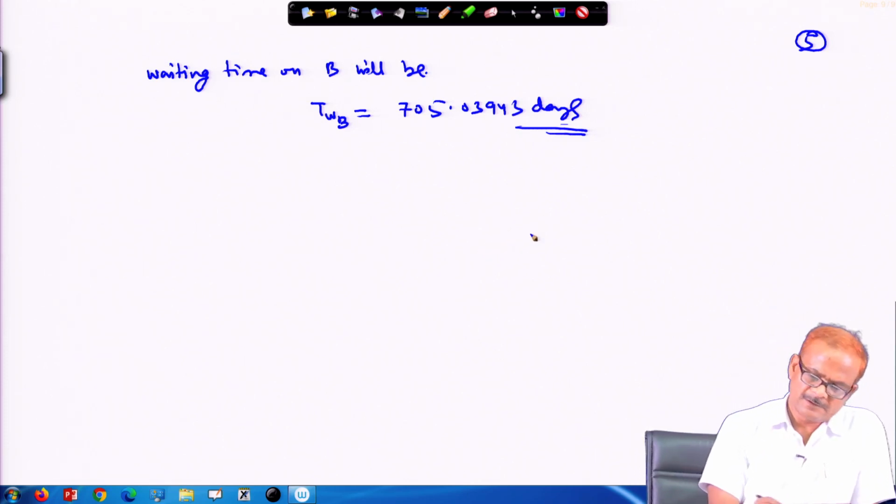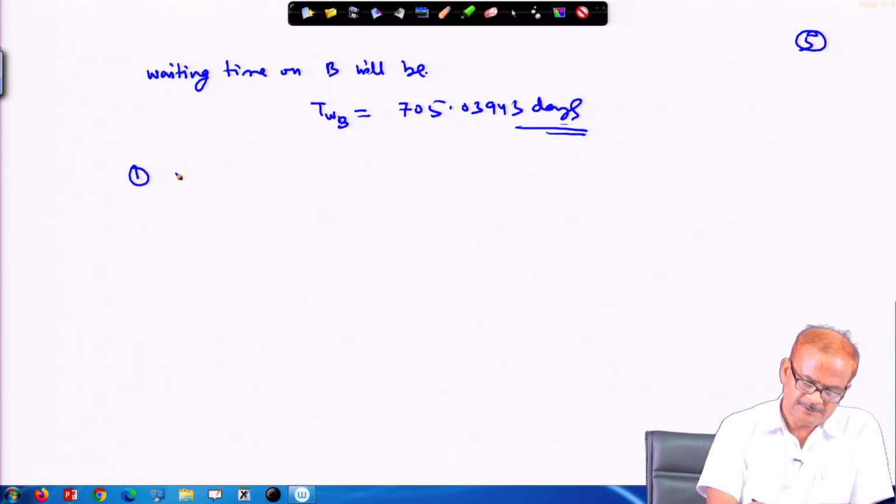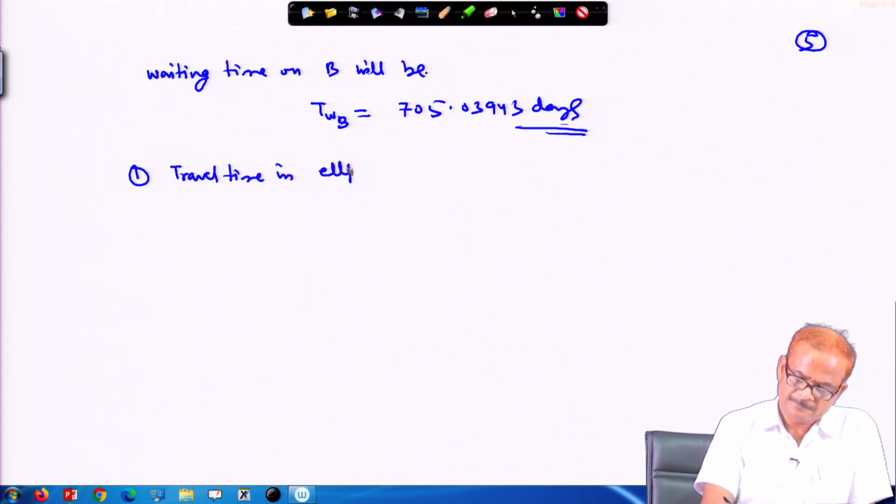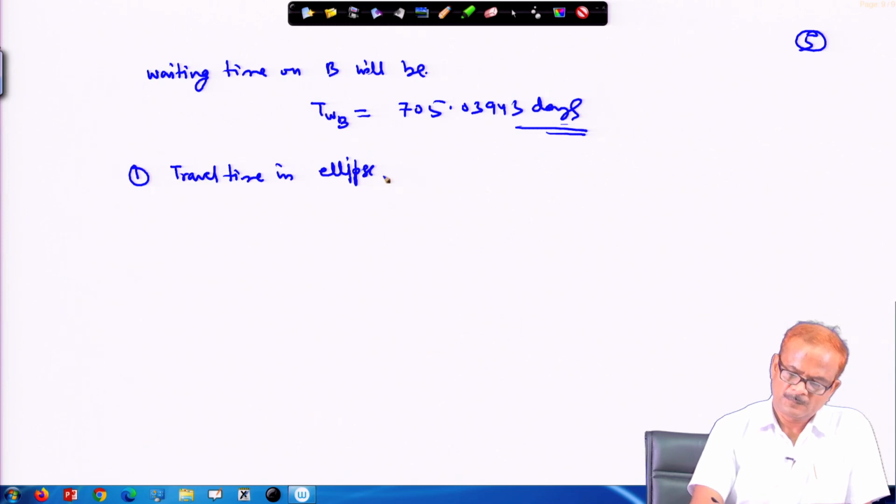And travel time is as usual, what was in the first part, the same thing is applicable here. So, to conclude the result, travel time in ellipse is 832.82765 days.